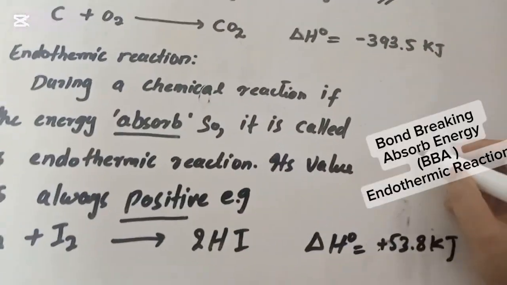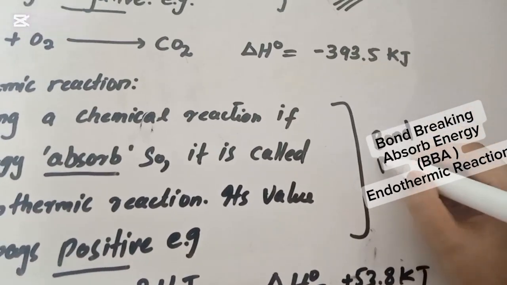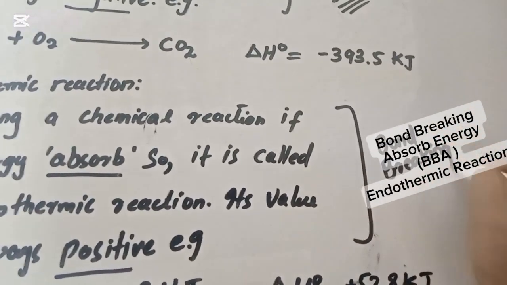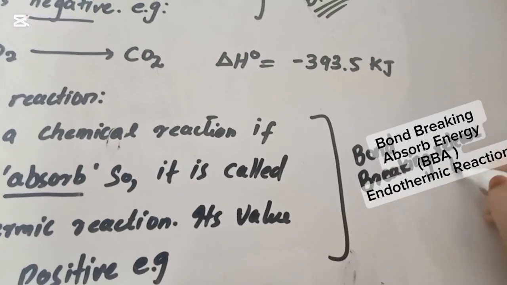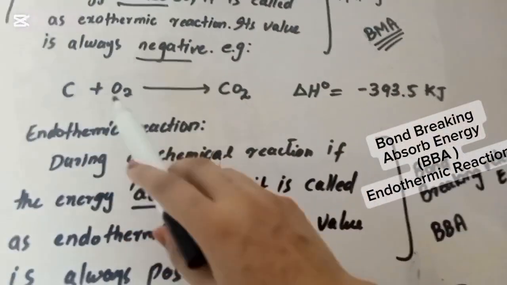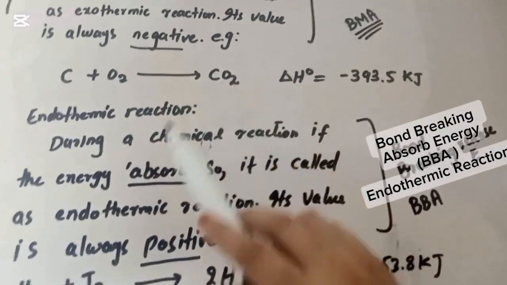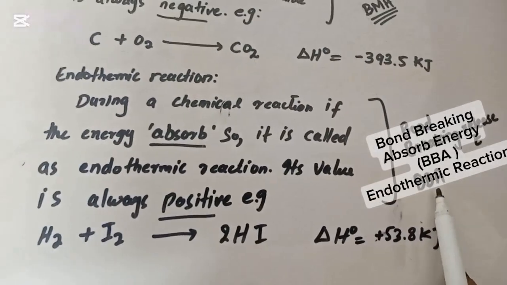In short form, you can memorize it with the word BMR. In case of an endothermic reaction, bond breaking occurs and absorption of energy occurs. So we can write in short form BBA.